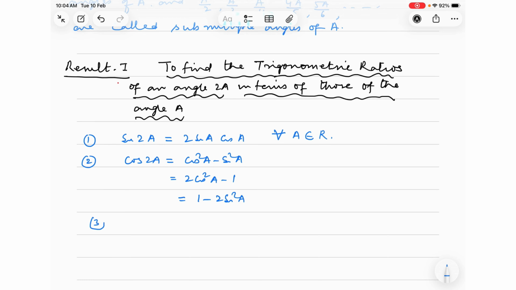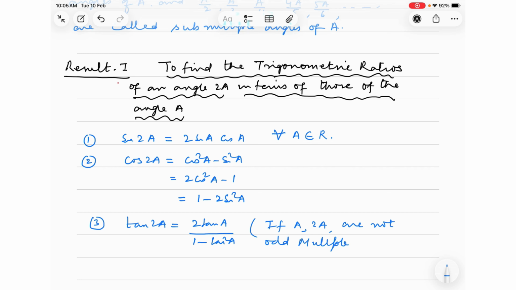Now the third result here is tan 2A is equal to 2 tan A by 1 minus tan square A, provided A and 2A are not odd multiples of 90 degrees.